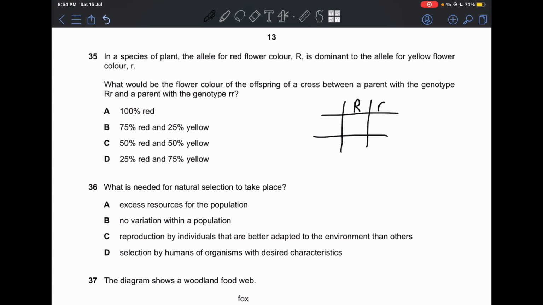Just like that. We have a parent that has red flower color and another one that has yellow. So I'm going to be putting both their alleles and genotypes over here. Now I'm going to be crossing it together just like this.